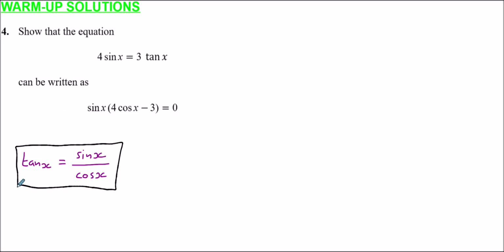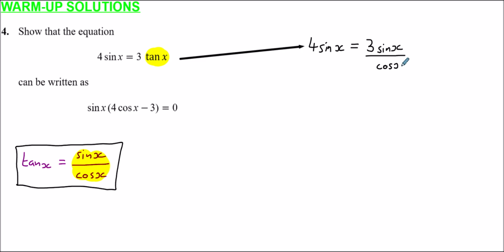So what we can do is we can replace this tan x with sine over cos. And that can be our first step. So this becomes 4 sine x equals 3 lots of sine x over cos x.